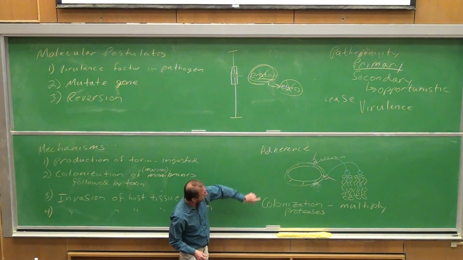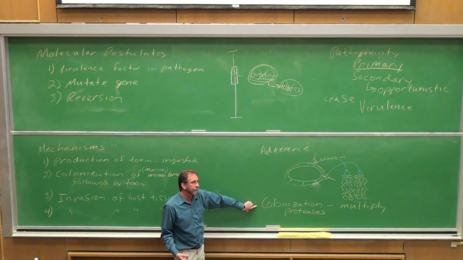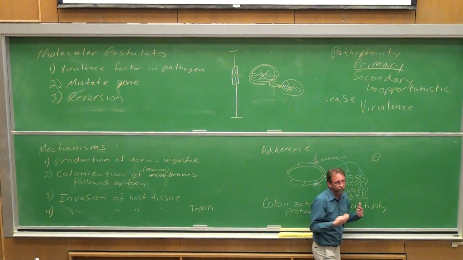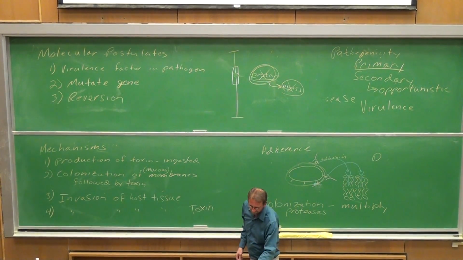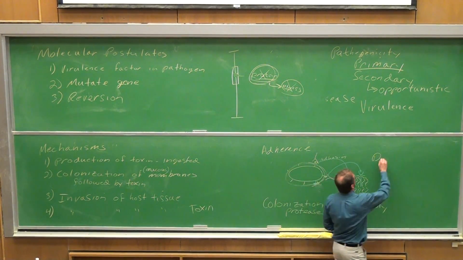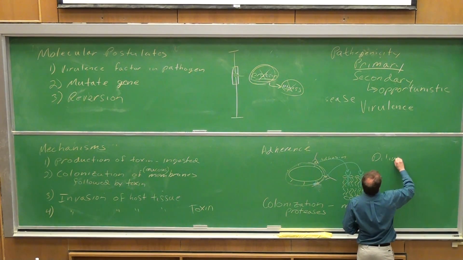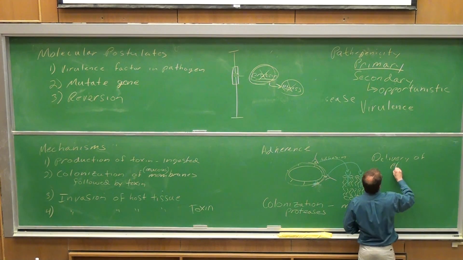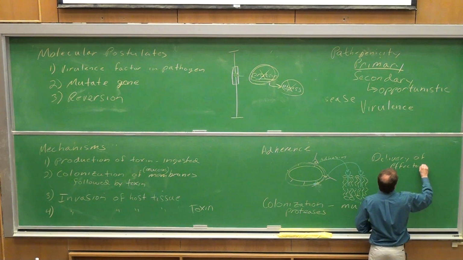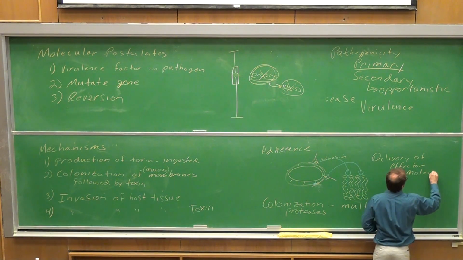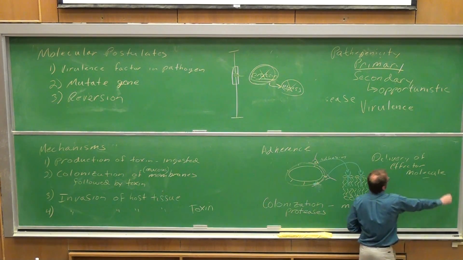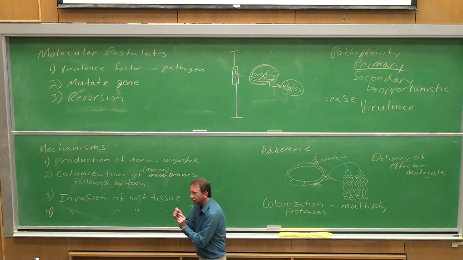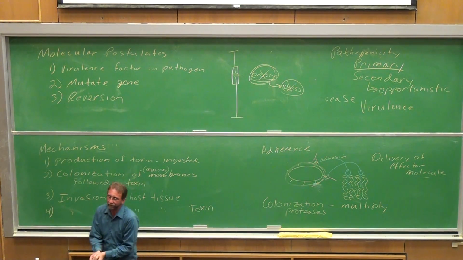So you have adherence, you have colonization. The last thing that has to happen is delivery of effector molecule. Now here, what we're talking about is the molecule that actually does the damage.